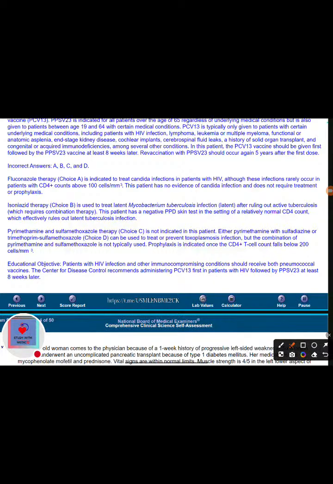For toxoplasmosis, either pyrimethamine with sulfadiazine, or trimethoprim with sulfamethoxazole should be used.